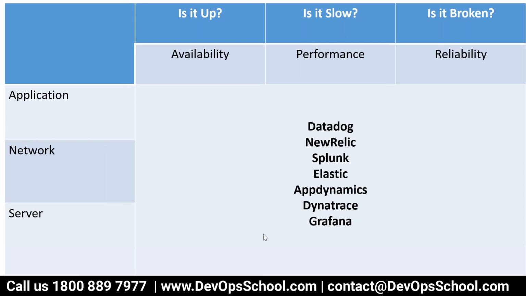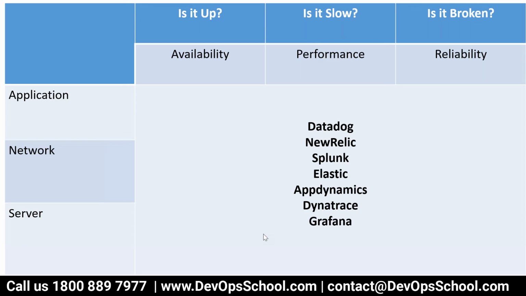Grafana earlier was known as a dashboarding solution, but now it's in everything. Dynatrace earlier was into infrastructure monitoring. Now it's in everything. AppDynamics was into performance monitoring. Now it's in everything. Elastic was earlier into log analysis.